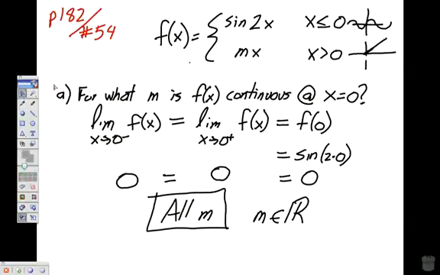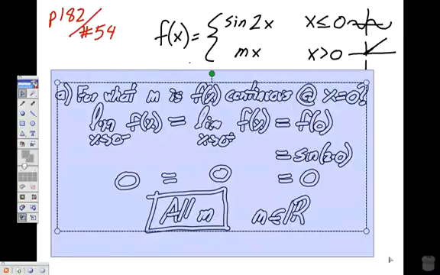Part B says, for what values of m is f of x differentiable at x equals 0? All right, well, let's think about that. Let's clear off a little room here.